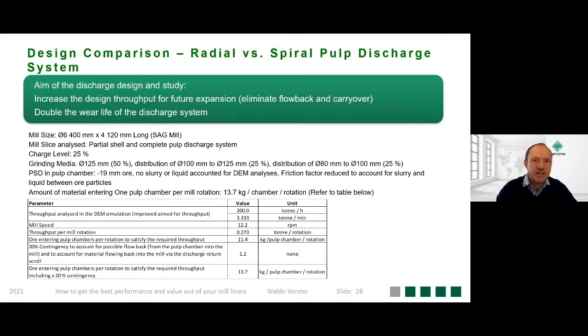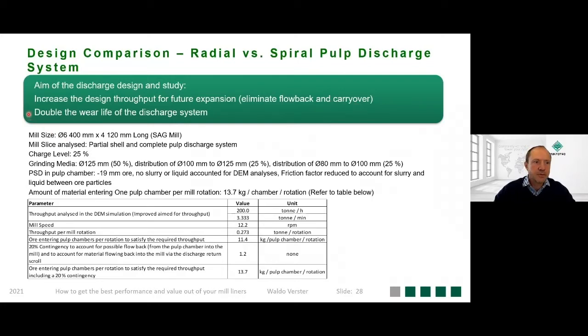Moving on to the actual design comparison between the radial and spiral pulp discharge system, what did we want to achieve in this study? First of all, we wanted to increase the throughput for future expansion for this customer, and specifically to eliminate flowback and carryover in the discharge design.